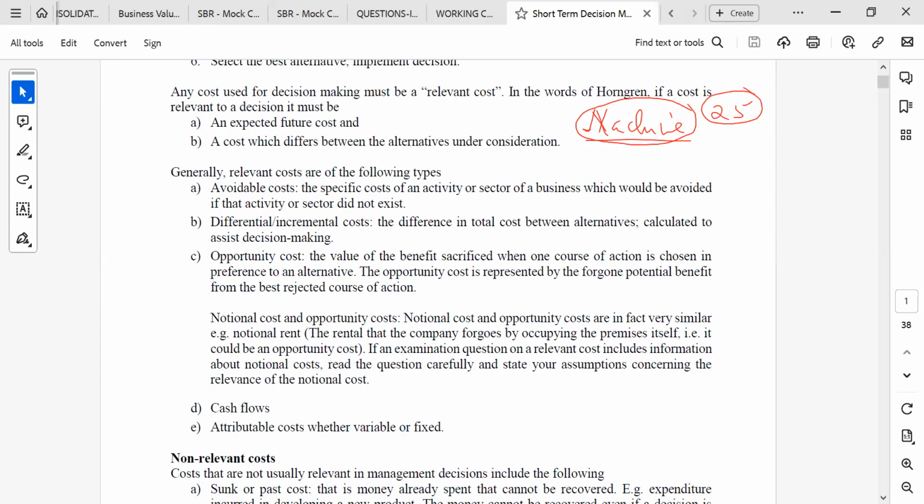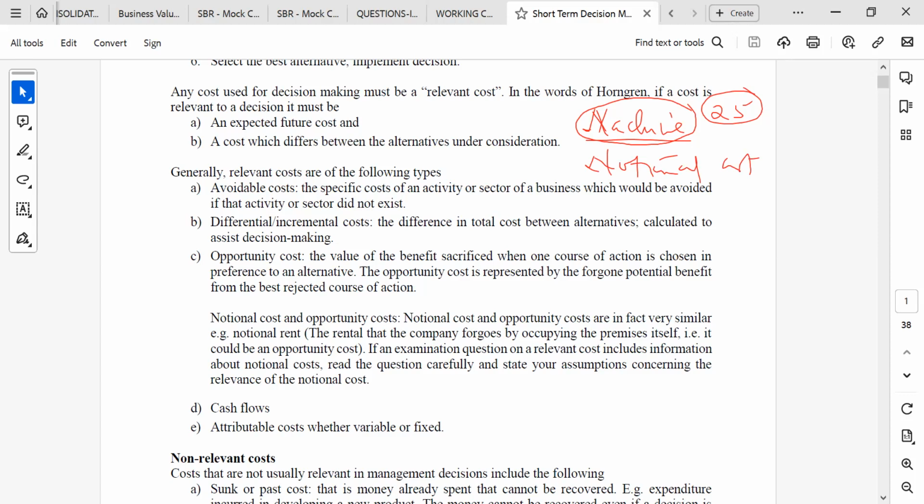The question now is, okay, if I should go out and rent this particular machine, how much will I be renting it? So the amount that you are trying to capture is what we call the notional cost. It's a cost that does not exist, but we are just trying to make an assumption of it.